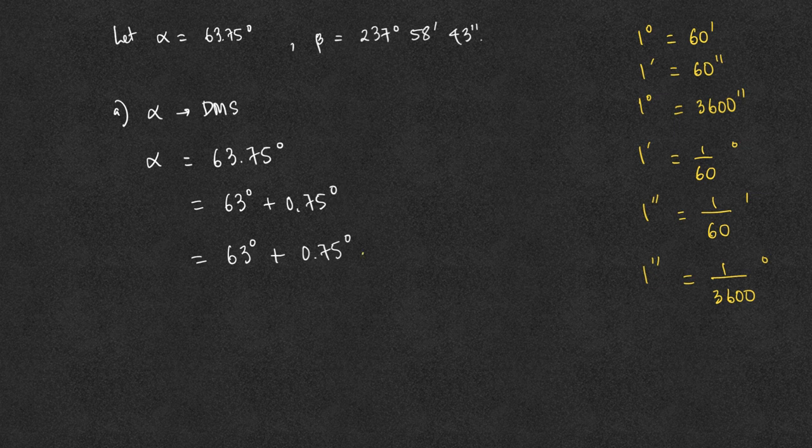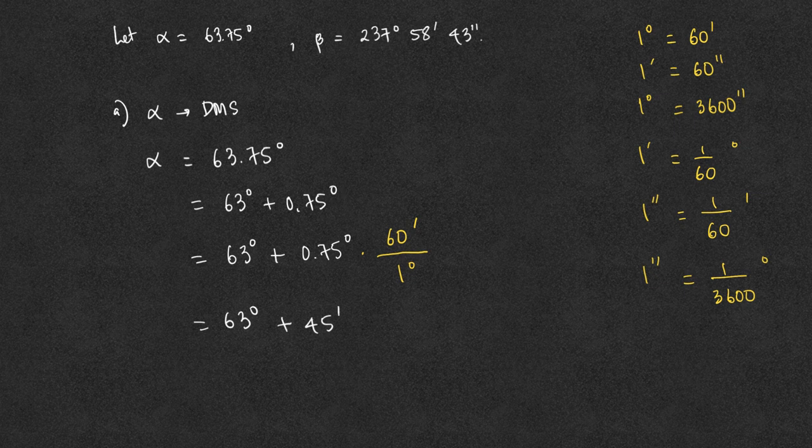But 1 degree is 60 minutes, so to introduce minutes, we would put minutes in the numerator, which is 60 minutes equivalent to 1 degree. The degree and the degree cancel out, leaving us with minutes. 0.75 times 60 is 45, and so this is 63 degrees plus 45 minutes.